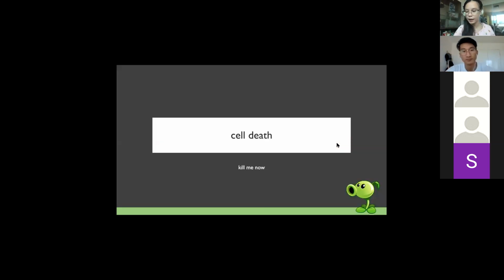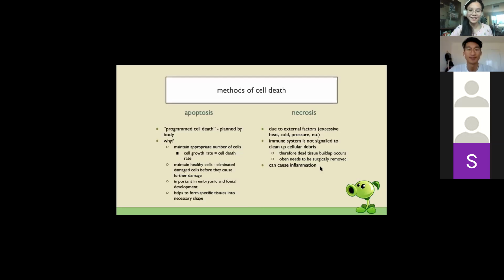Cell death, we're nearly there. Okay, apoptosis and necrosis. Apoptosis is much more planned. It's regulated and started by the cell or by the body itself, whereas necrosis is due to external factors, and it causes inflammation.